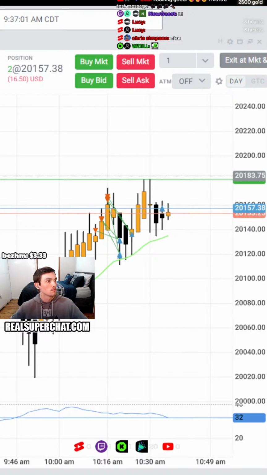ES is falling. It rejected the trend line, which, I mean, doesn't always work, but usually it has a pretty significant downturn after it rejects a trend line like this.